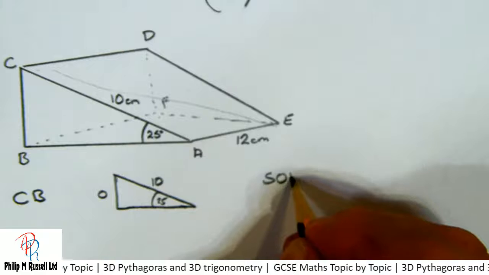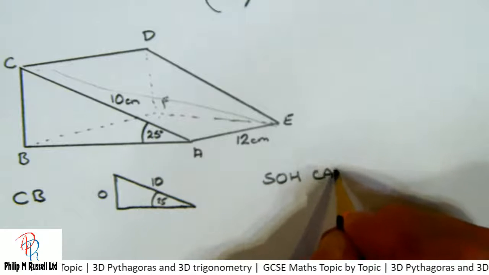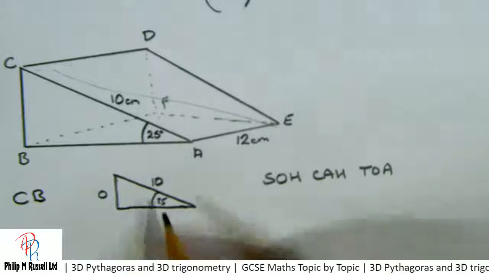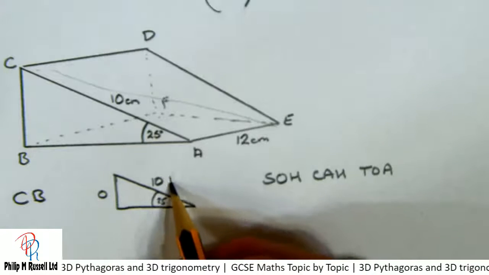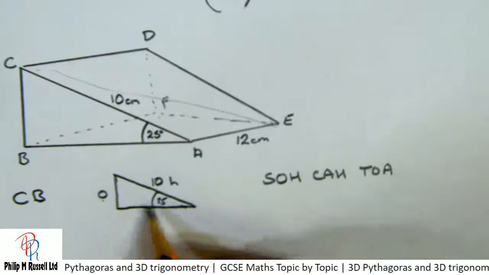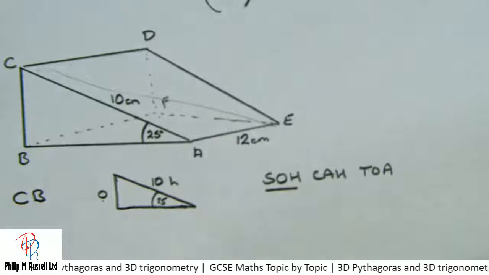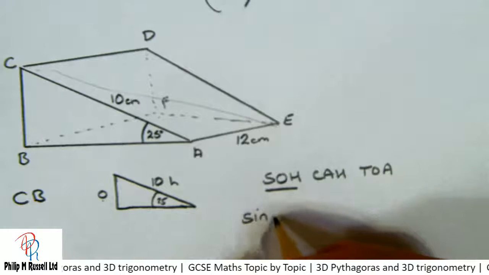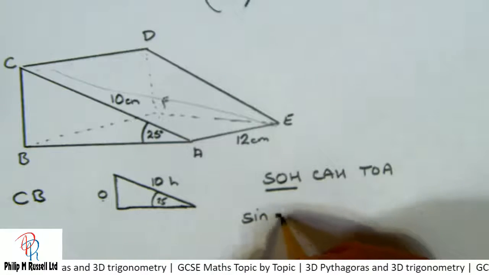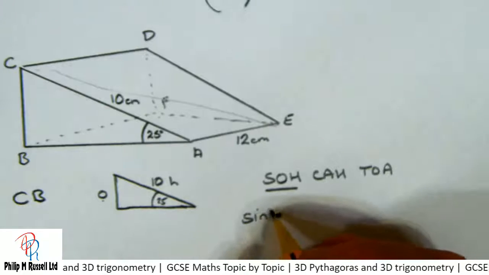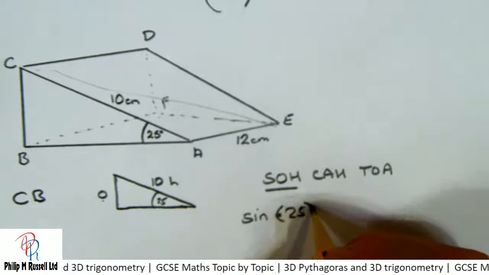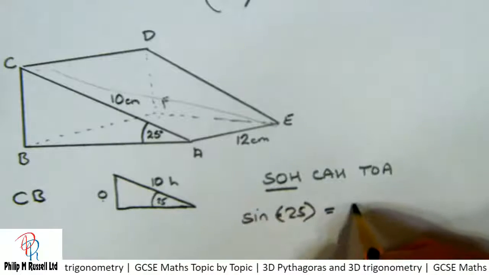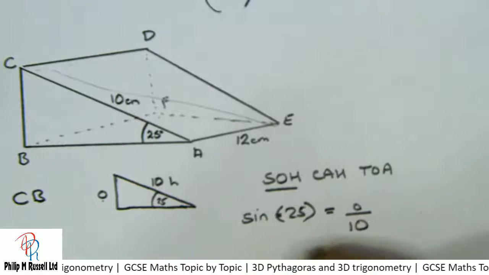SOHCAHTOA, and we know we've got the hypotenuse, we've got to find the opposite, we've got the angle, so this is going to be SOH. So the sine of 25 is going to equal the opposite, O over 10.